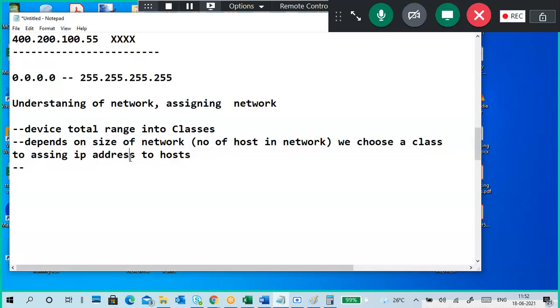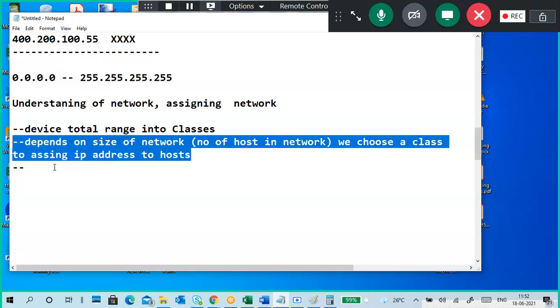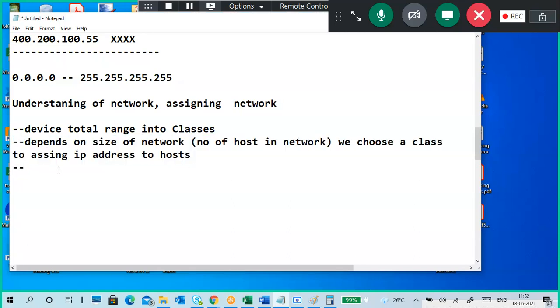The point is, if you have 100 PCs, you choose one class. If you have 10,000 PCs, we choose a different class.